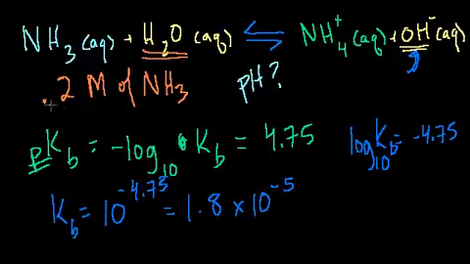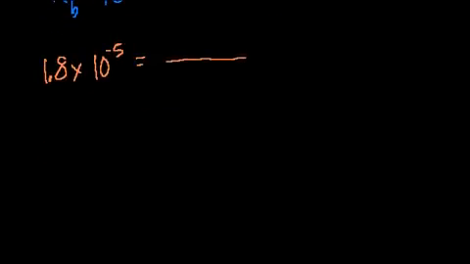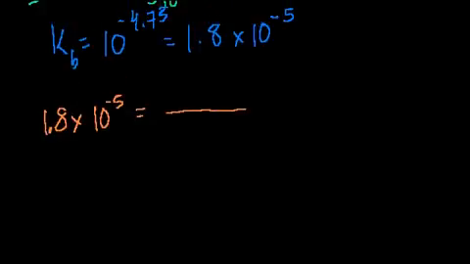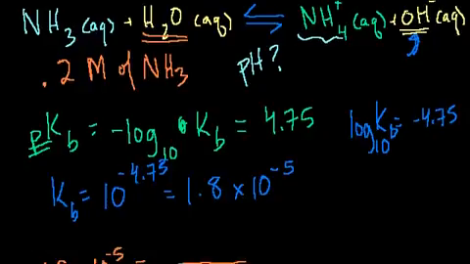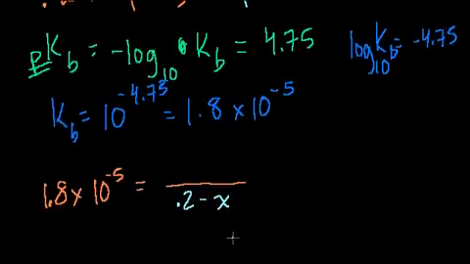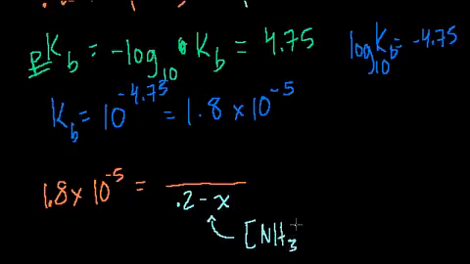We have 0.2 molar is what we put in, but some of it, let's say x of it, is going to be converted into this stuff on the right-hand side. So in the denominator, we're going to have 0.2 minus whatever gets converted into the right-hand side. And in the numerator, we're going to have x of NH4 and x of OH. So this is the concentration of ammonia, and then we have x times x.